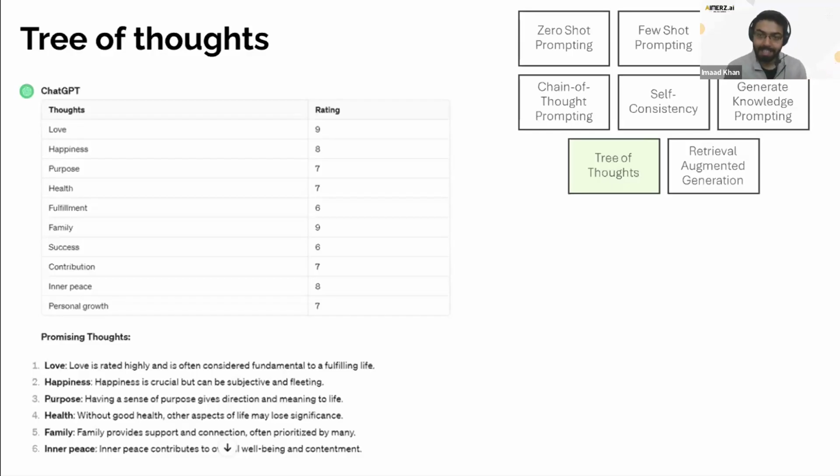And then it gives an initial rating, and then it says, okay, I have all these thoughts, I've given them an initial rating, and these are the promising thoughts. Love is rated highly. It's often considered fundamental to a fulfilling life. Happiness is crucial, but can be subjective and fleeting, and so on and so forth. So it gives its rationale for why it thinks these are important, right?